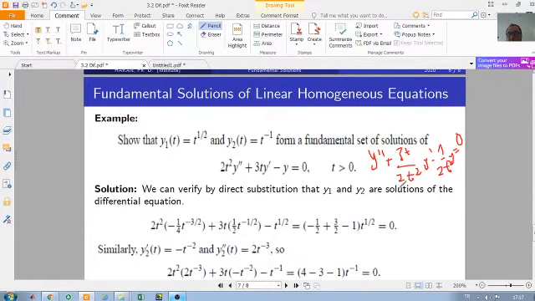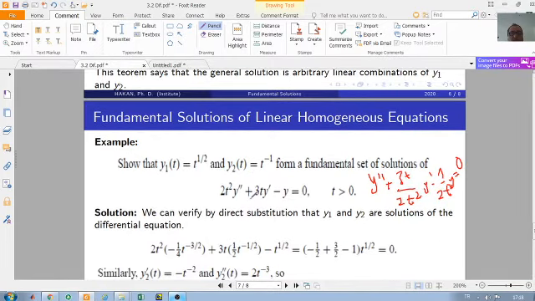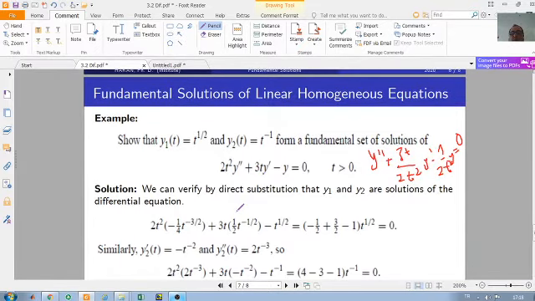Therefore we can use this theorem to verify that the given functions form a fundamental set of solutions. So we can verify by direct substitution that y1 and y2 are solutions of the differential equation, namely to understand whether y1 is a solution for this differential equation.